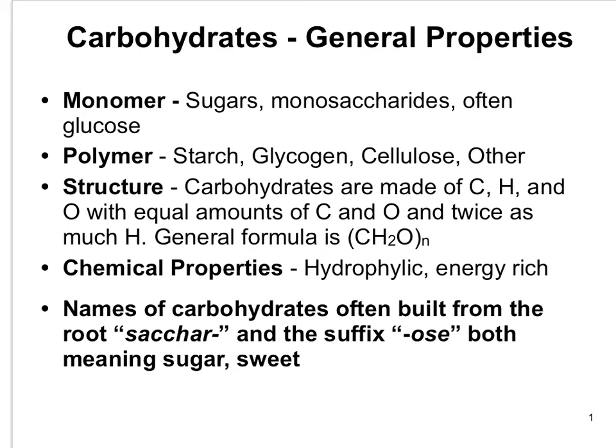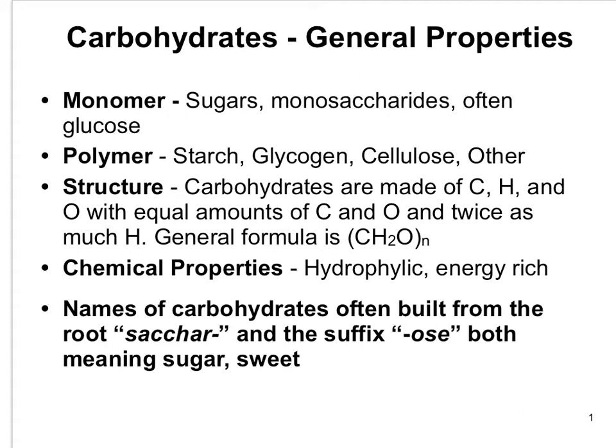And there are basically three monosaccharides that your body uses on a regular basis: glucose, fructose, and galactose. Also ribose, which I'll get into in a second. So that's four of them.